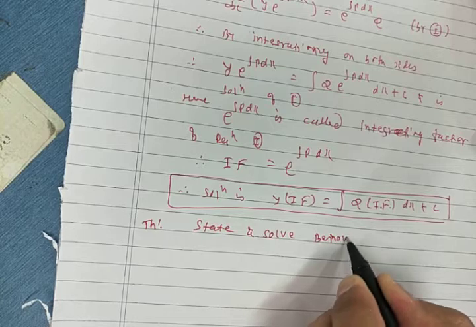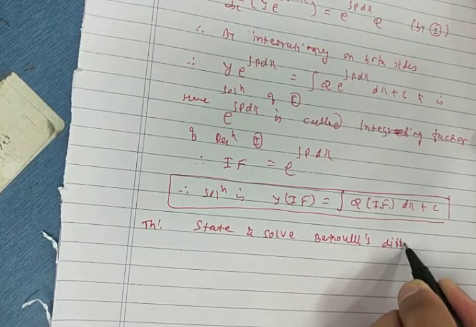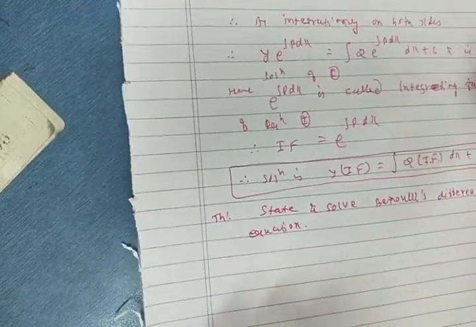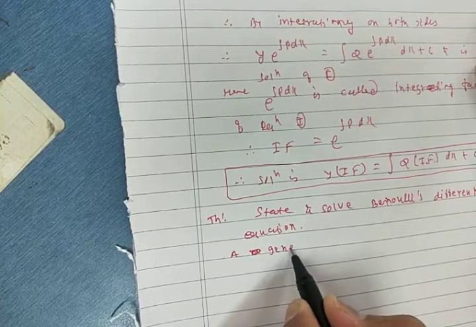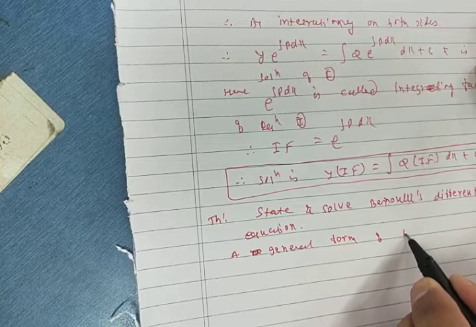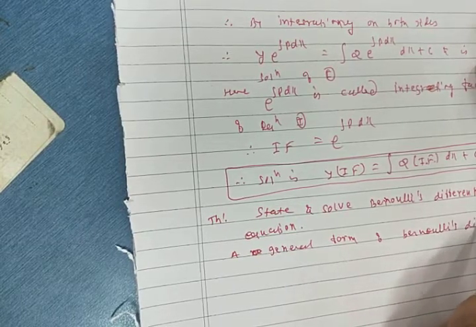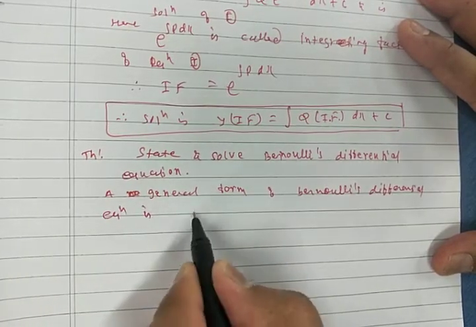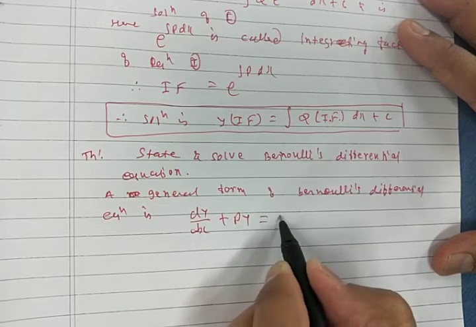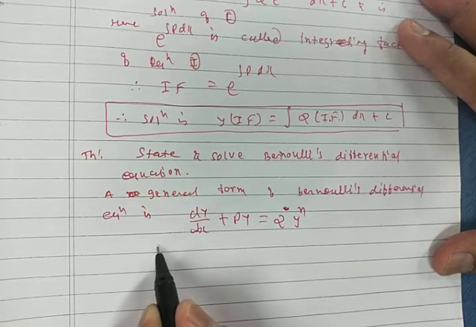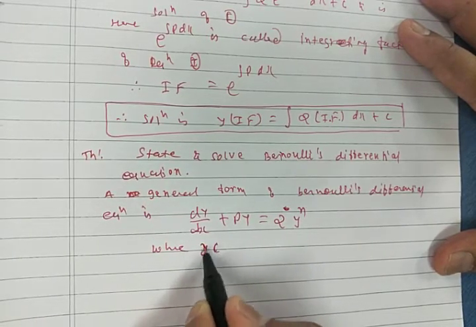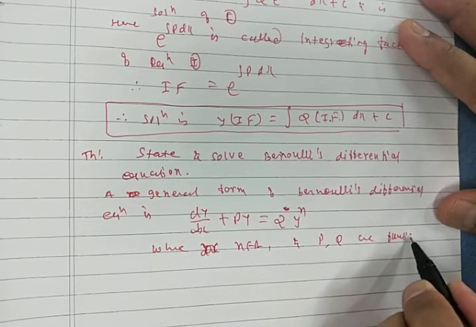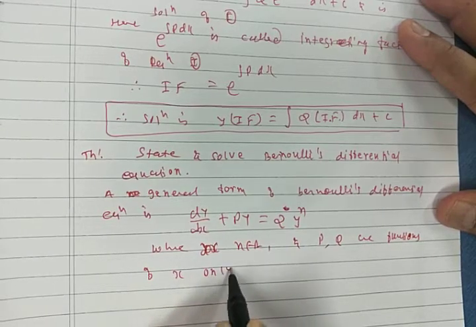Bernoulli differential equation. Clear? See, a general form of Bernoulli's differential equation is dy by dx plus py is equal to qy raised to n, where n belongs to R and p, q are functions of x only.